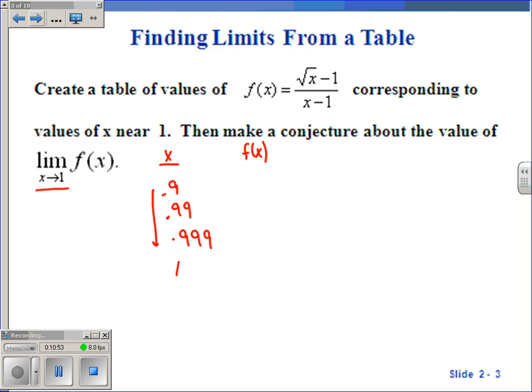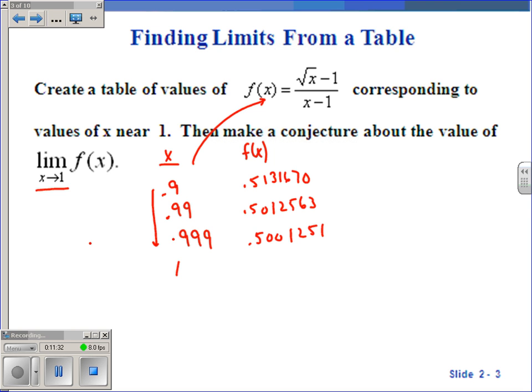If I plug 0.9 into this function, I want f of 0.9, that comes out to be 0.5131670. Now I'm going to plug 0.99 into this function again, and I'm going to come up with 0.5012563. And now I'm going to plug 0.999 into the function f, and when you do, you end up with 0.5001251.